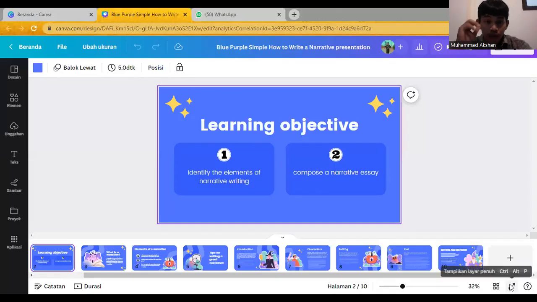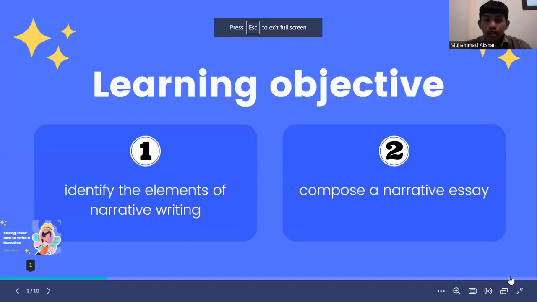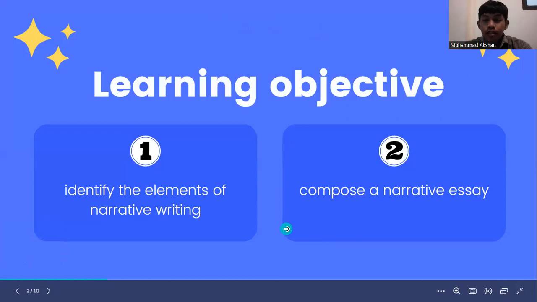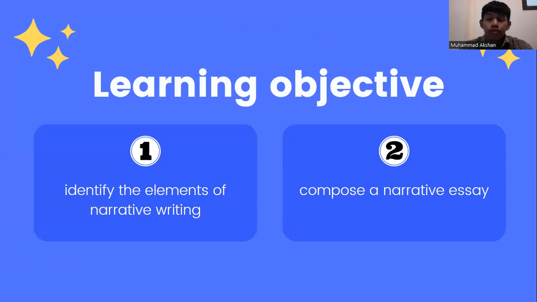Okay, we focus back to the learning objective. The first learning objective is to identify the elements of narrative writing.